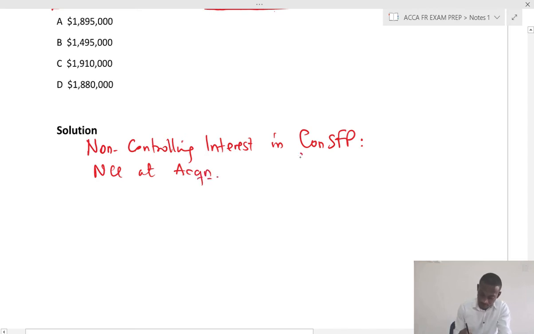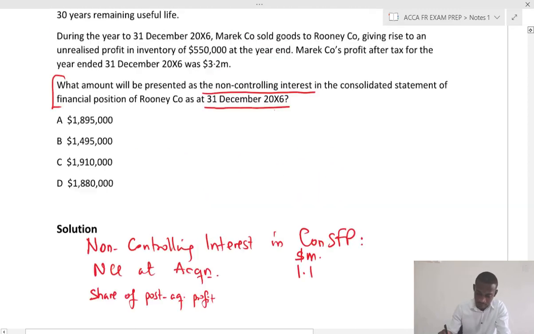So the NCI at acquisition were given to be 1.1. Then I'll add their share of post-acquisition profit. So if it's a loss, I'll deduct their share. So let's build up with a question.